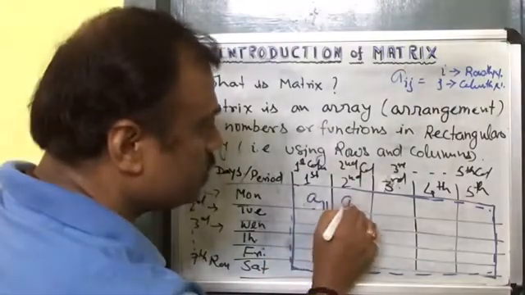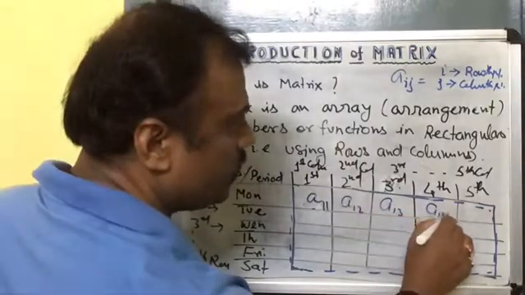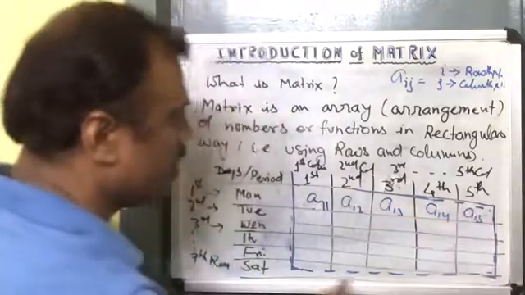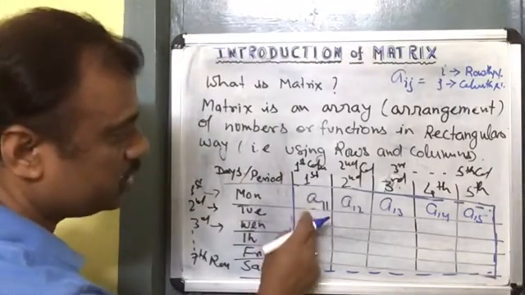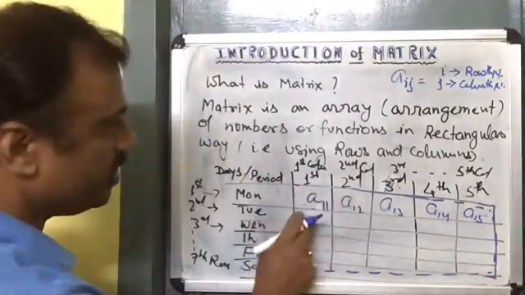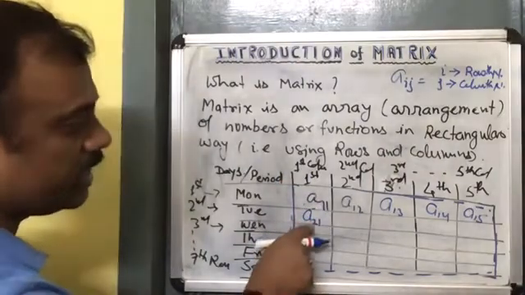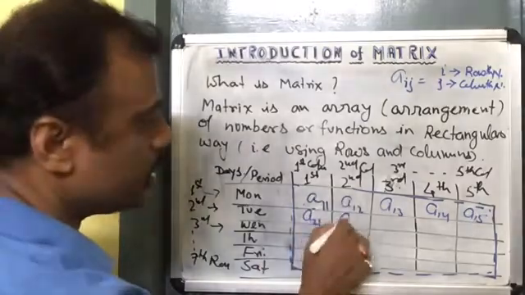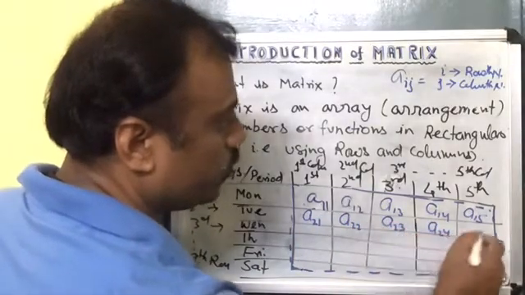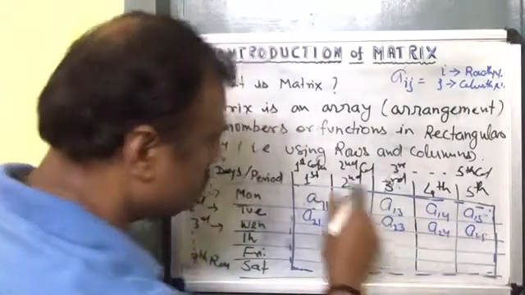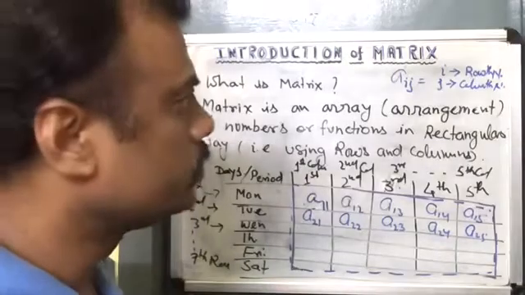Similarly, this one is A12, A13, A14, A15. This one is the second row. In the second row, this is the first element which is in the first column. So A21, second row, first column. A22, A23, A24, A25. Similarly, we can write others also.